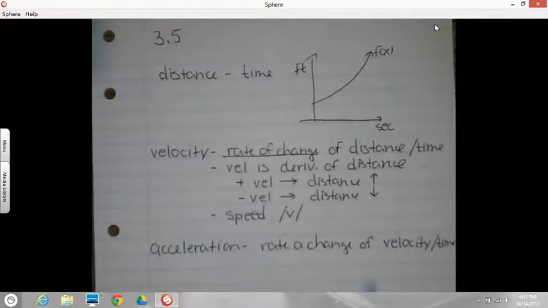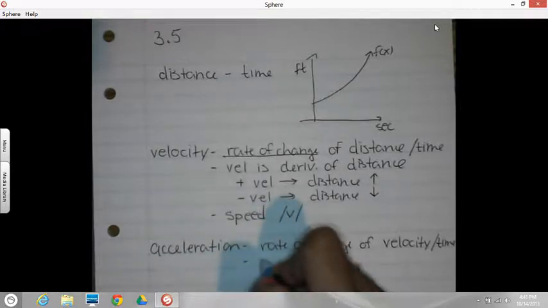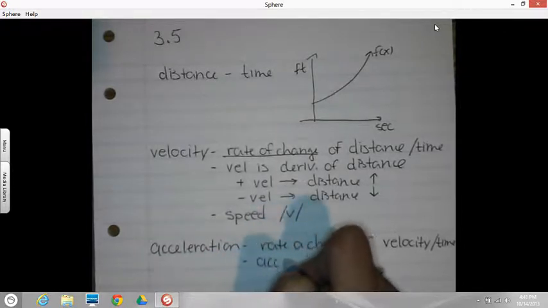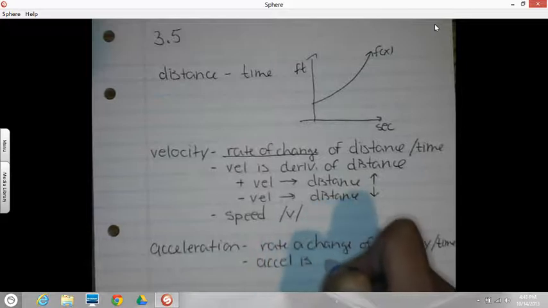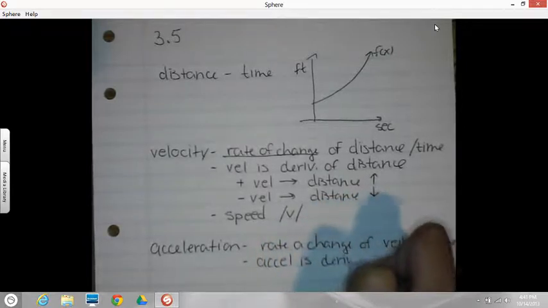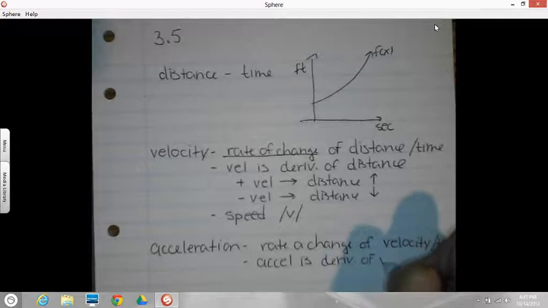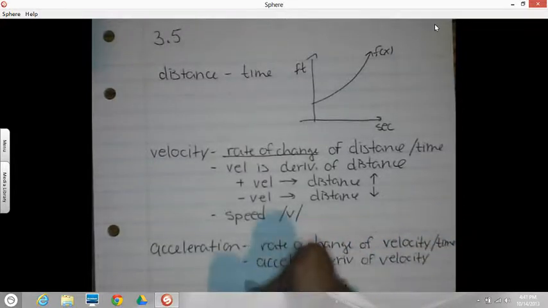So the acceleration is the derivative of velocity. Or you could call it the second derivative of distance.